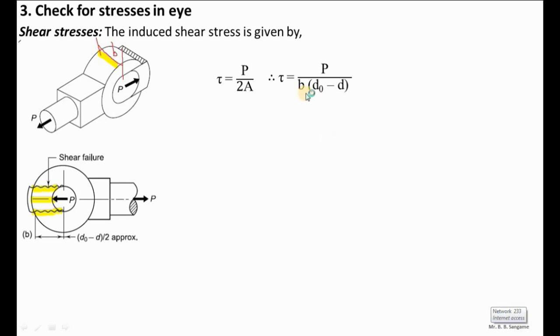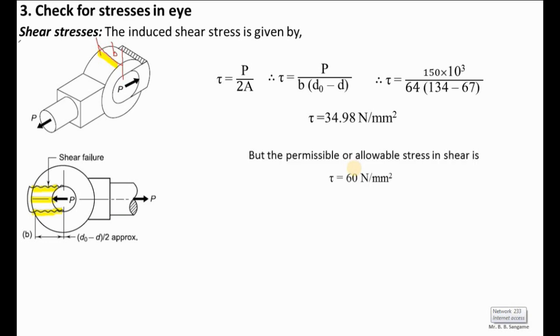Let us put the values of B, D0, d and P in the equation and calculate the induced shear stress. As per the calculation, the induced shear stress is 34.98 Newton per mm square, and the allowable shear stress, which is provided in the numerical, is 60 Newton per mm square.